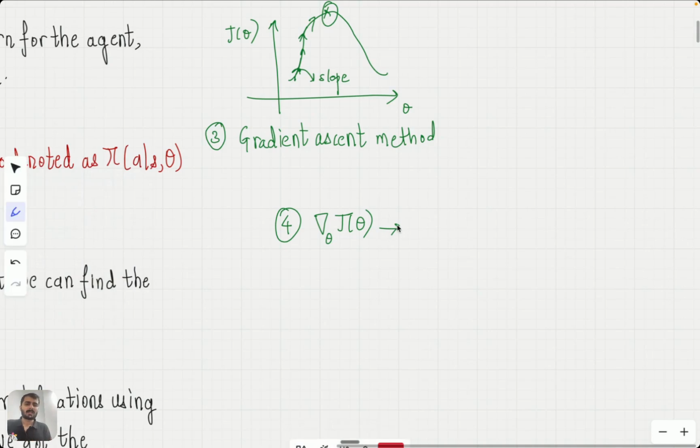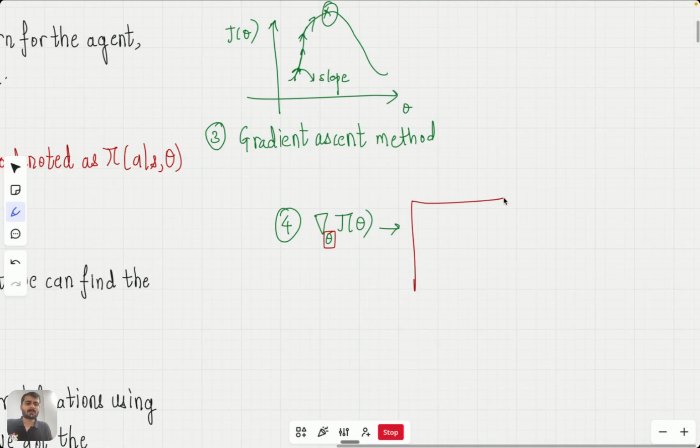The first thing is, let's try to think about what will happen if I change this policy parameter. If I change this policy parameter, the decision which my agent takes for every state will change, which means that if I go to any state s, the action which I am taking at that state will change.